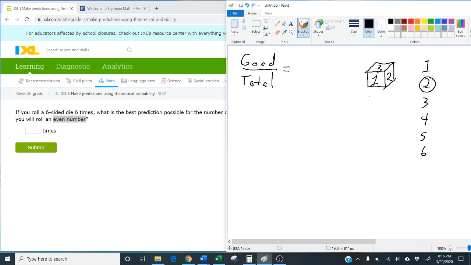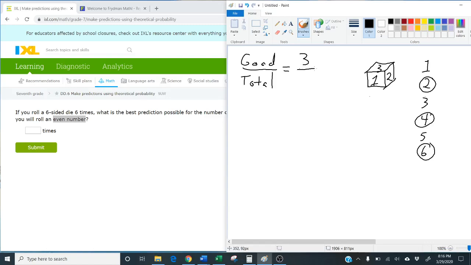So 2 is an even number. 3 is not an even number. 4 is an even number. 5 is not an even number. 5 divided by 2 would be 2.5, so I get a decimal there. 6 is an even number. 6 divided by 2 would be 3, a nice whole number. So, how many even numbers are there? 1, 2, 3. So if we want an even number, then there are 3 good numbers for us.